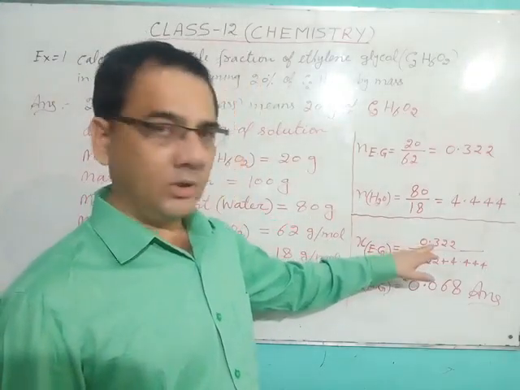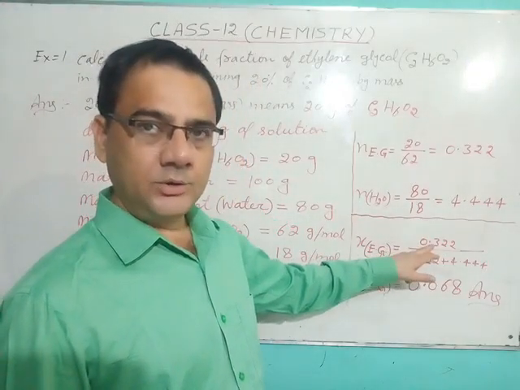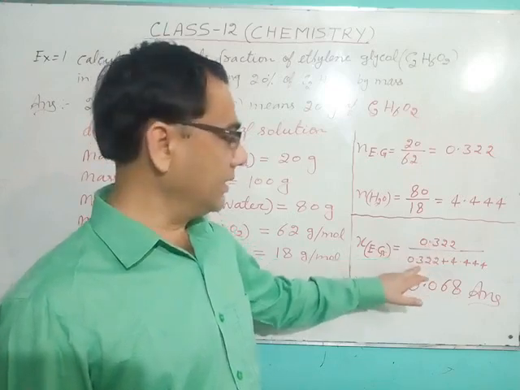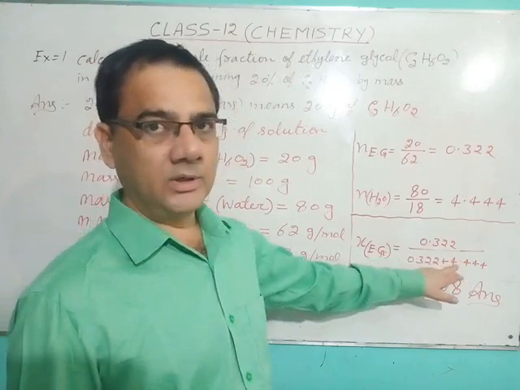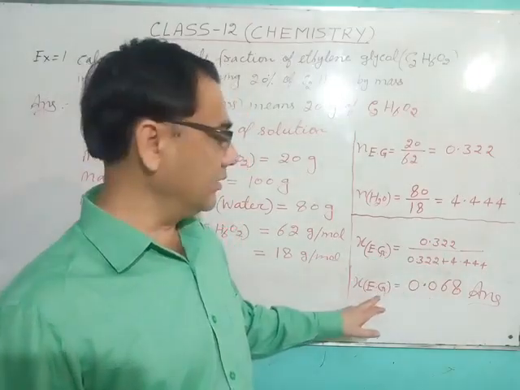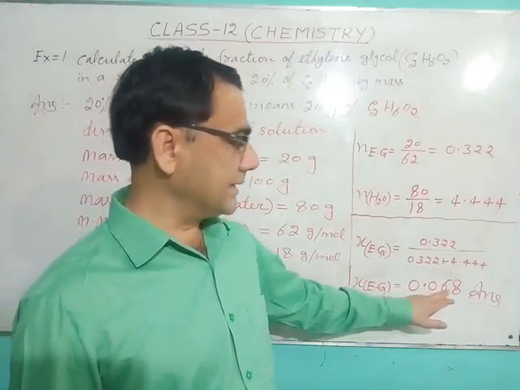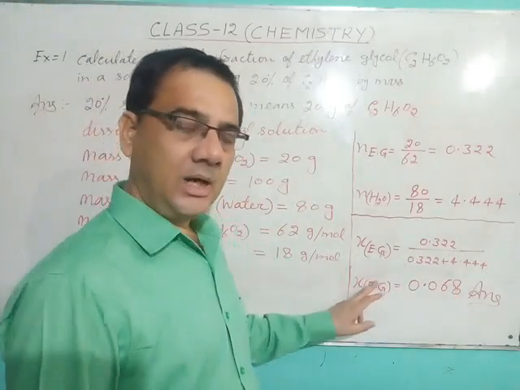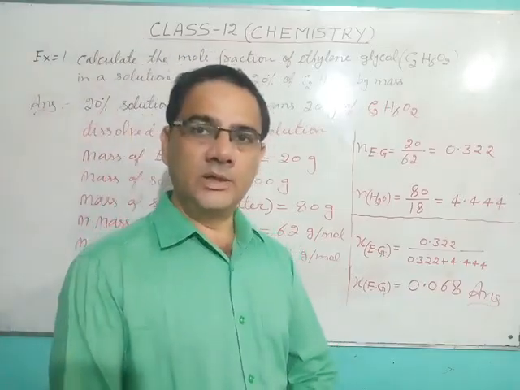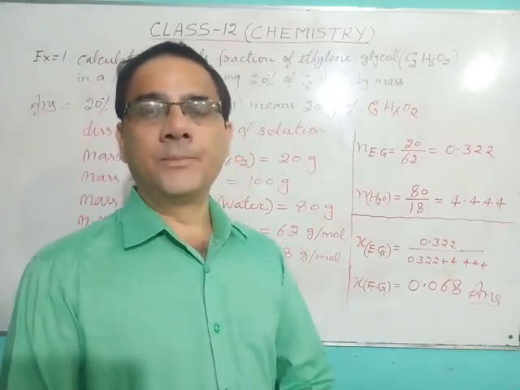The number of moles of ethylene glycol upon total number of moles present in the solution. It means the sum of the number of moles of ethylene glycol and water. And when we divide this, we get the mole fraction of ethylene glycol, and that is 0.068. So this is the answer of this question, the calculation of the mole fraction of ethylene glycol.